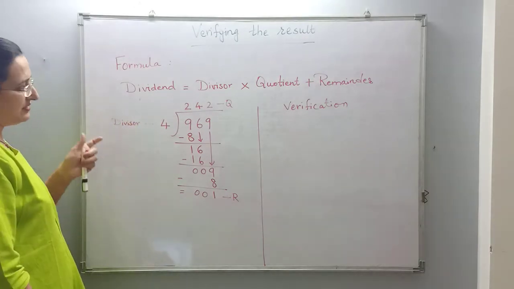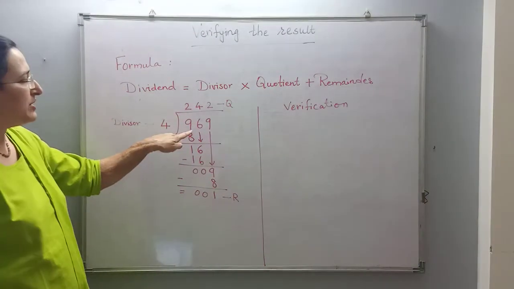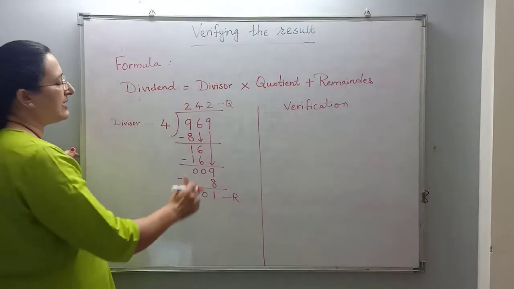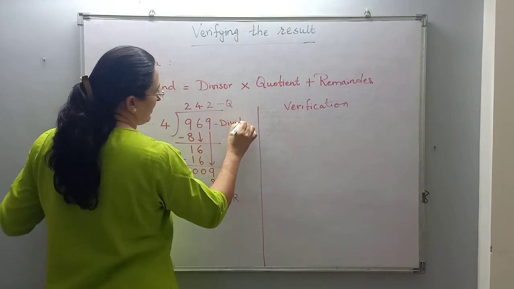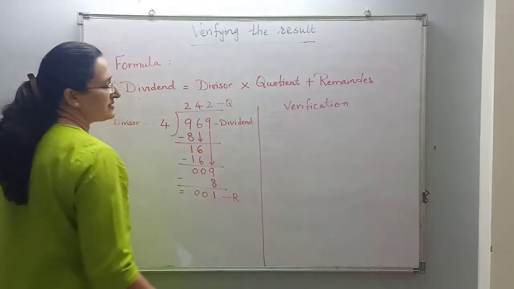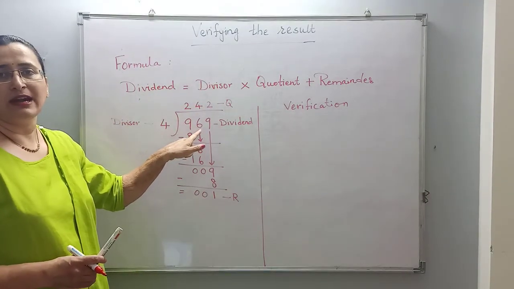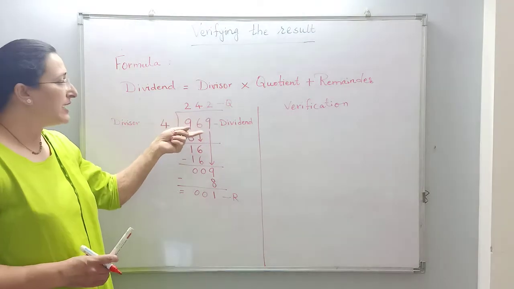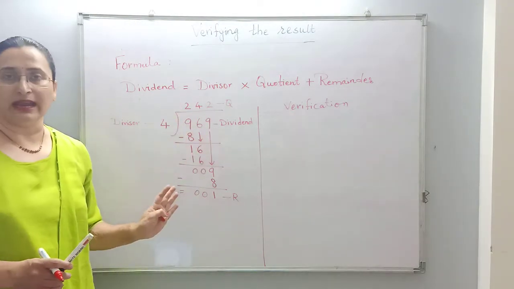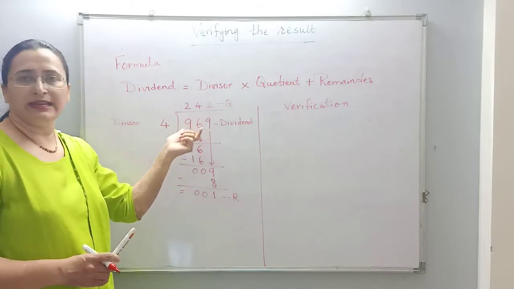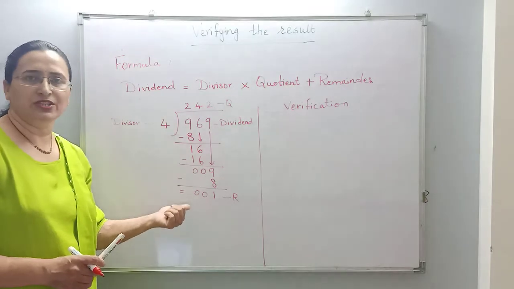This is our divisor. Now when we are going to verify our answer, we should get 969 as our dividend, because that is our dividend. If we get 969, then we can say our sum, what we have done, is correct. But if we do not get 969, it means we have to recheck our division.